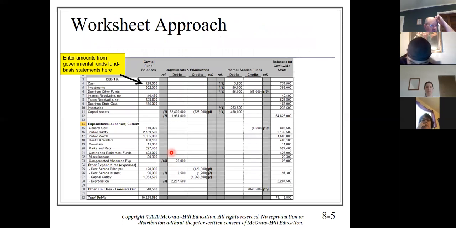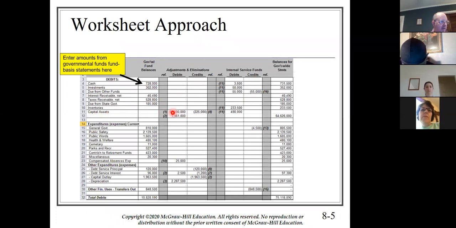And here's how you could do it on a worksheet. So they take the governmental funds that are added together, cash investments, and then what's missing from the assets of the governmental fund are the fixed assets.